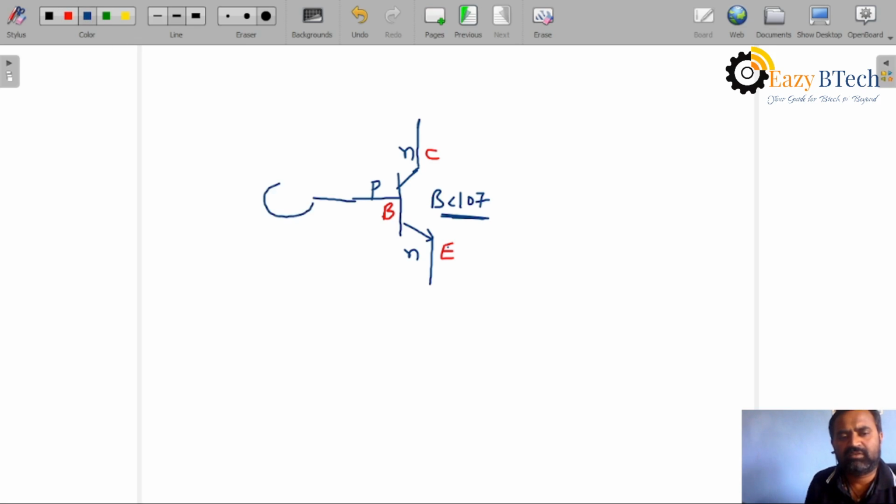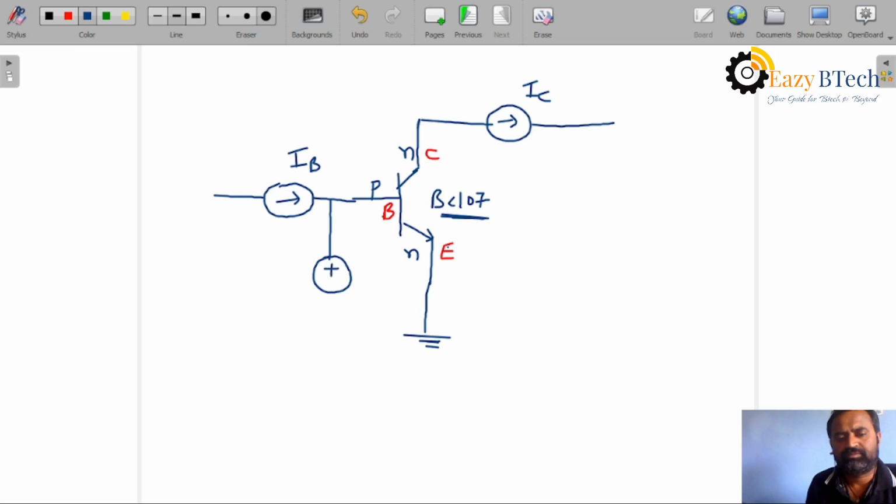Now this current we will call the input current IB. This current we will call IC. It is grounded. This voltage we will call VBE.